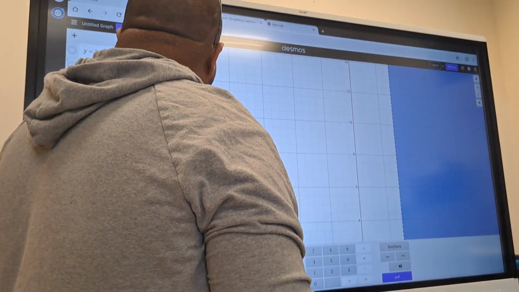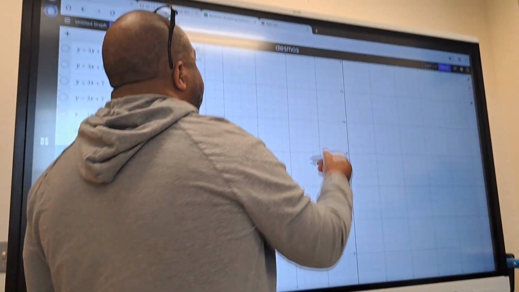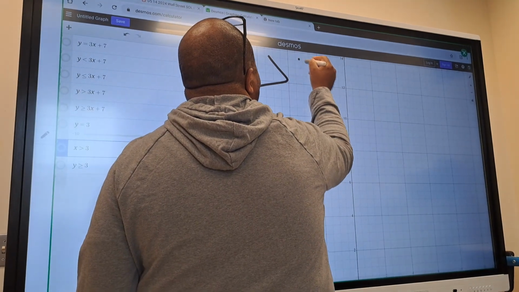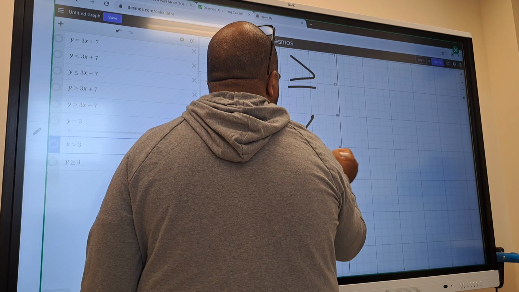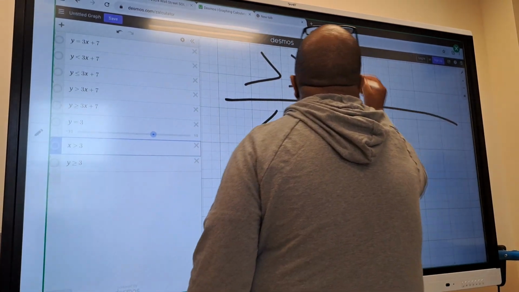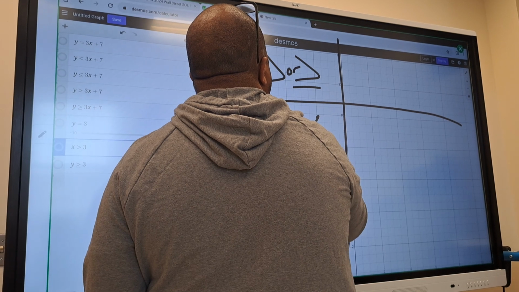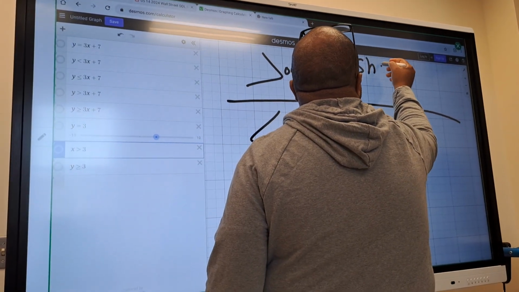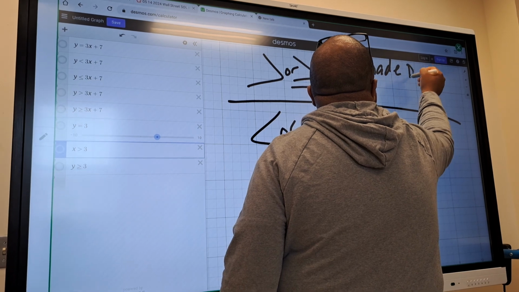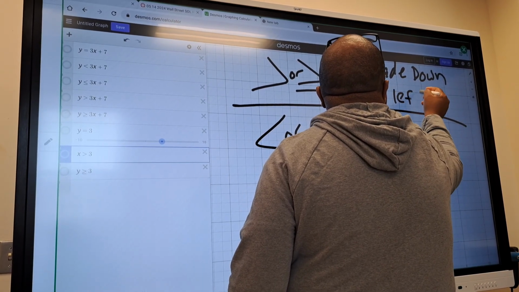So here's the pretty simple stuff. If it's less than or equal to, you're going to shade down or left.